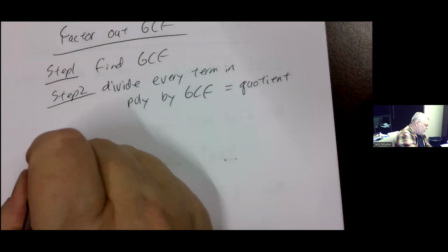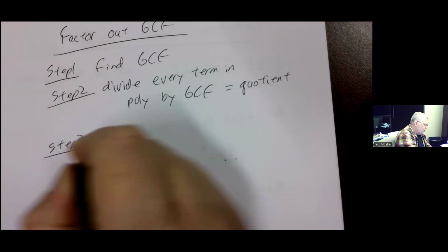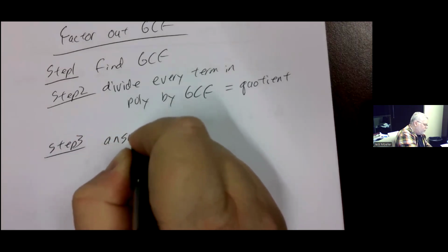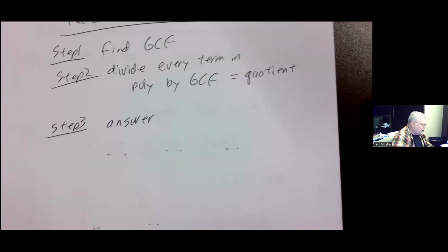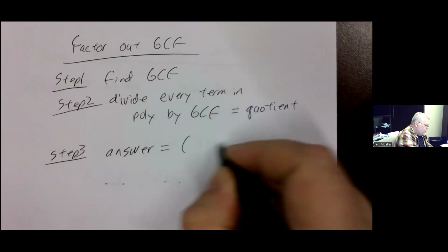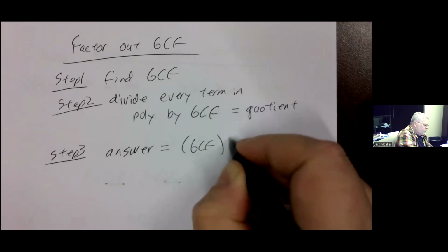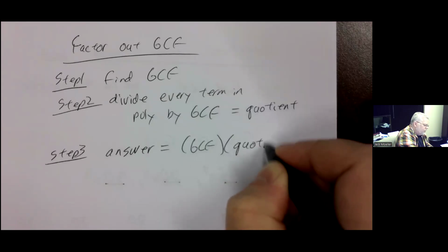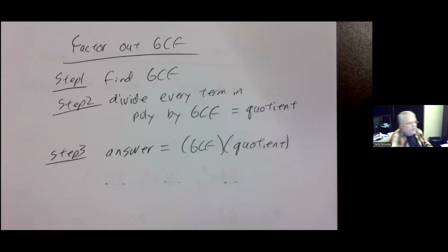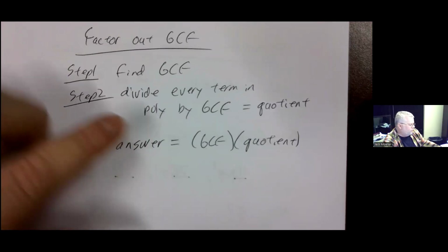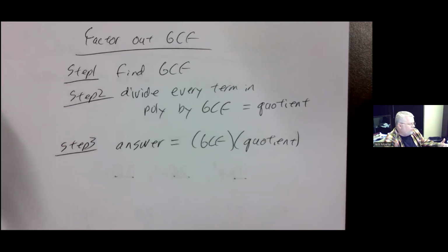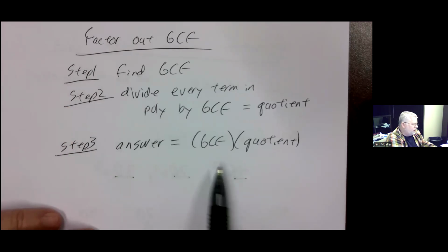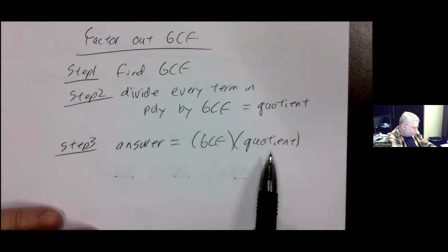And then how that helps us is our third step, our answer. Now remember, if you are factoring a polynomial, your answer is always something times something. And so your answer is going to be the GCF times that quotient, or those leftover parts that you had from the division. And I'll also show you a different way to do the division, but if you're factoring GCF, it's always the GCF times what's left over.